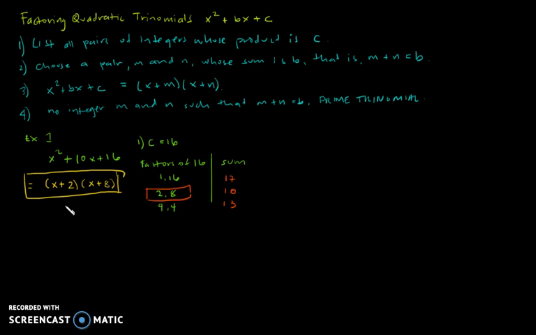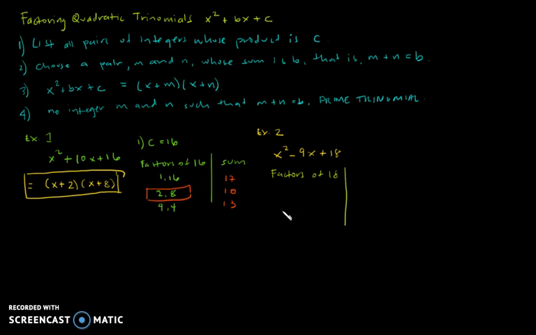Okay, another example. Example number 2: x squared minus 9x plus 18. First, I'll look for the list of all pairs of integers whose product is c. Again, that would be factors of 18.